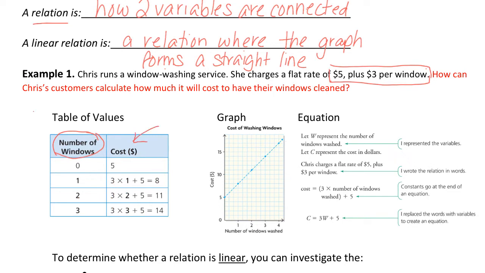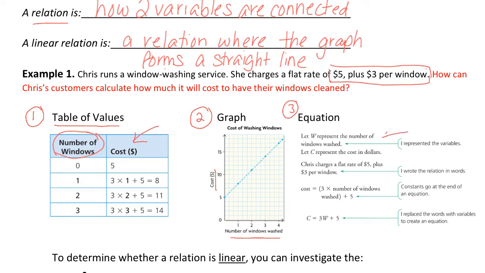So one way to take a look at this relationship is with a table of values. Another way to look at this relationship is using the graph. So again, down here, the number of windows is my independent variable, and cost is dependent on the number of windows. The third way to take a look at a relationship is using an equation.